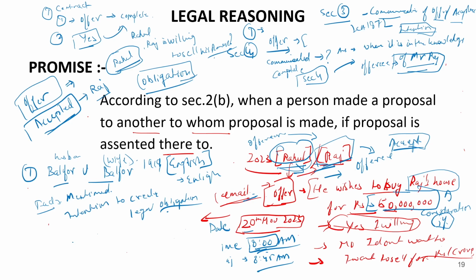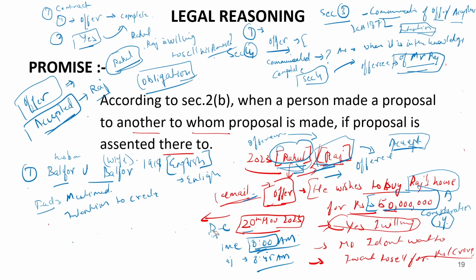In this particular instance, the court observed that there was no intention by the husband, but only a surety out of love and affection. So there was no intention, but only a surety out of love and affection by Mr. Balfour to Mrs. Balfour, that I will pay you a requisite maintenance amount of $50 every month.